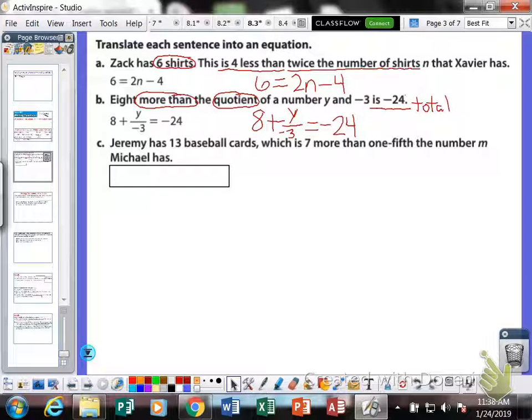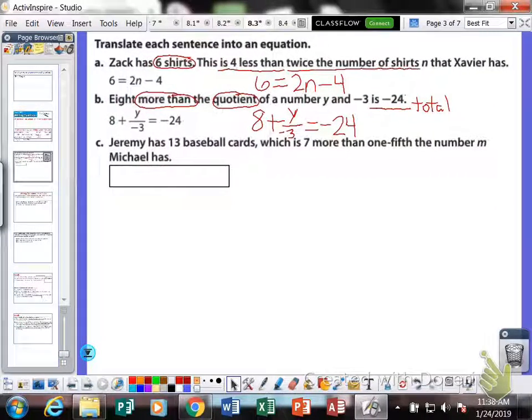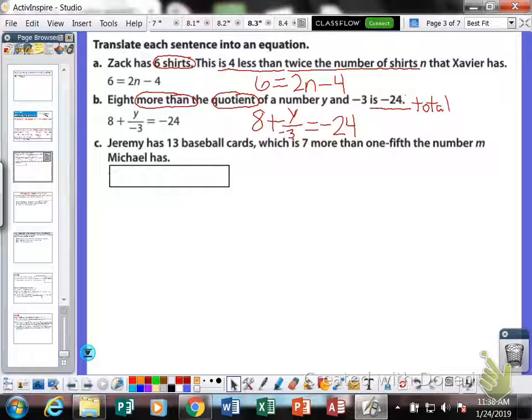Jeremy has 13 baseball cards, which is 7 more than 1/5 the number M Michael has. The more than here means we're doing the operation of addition.